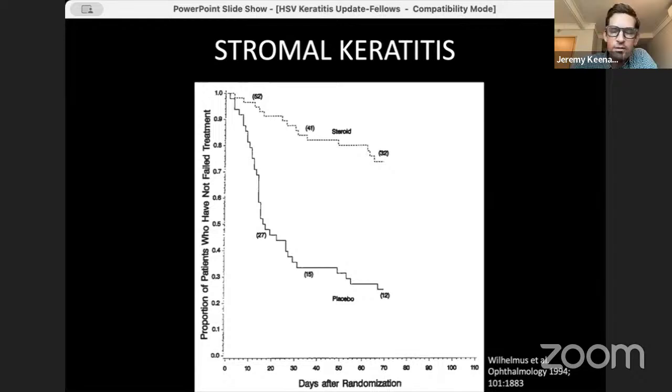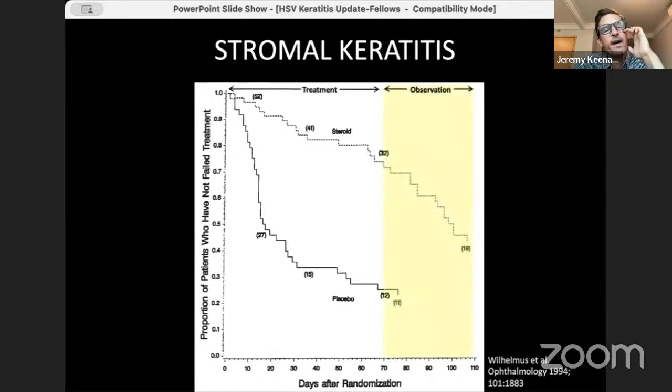You can see there is this huge difference between the steroid group and the placebo group, and the steroid group, shown on the top line, was much less likely to fail treatment over the 10-week period. But something kind of interesting is that, according to the protocol, you had to stop the study drug, either the steroid or the placebo, at 10 weeks.